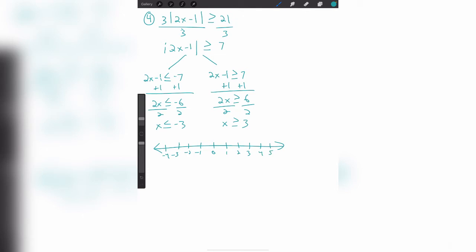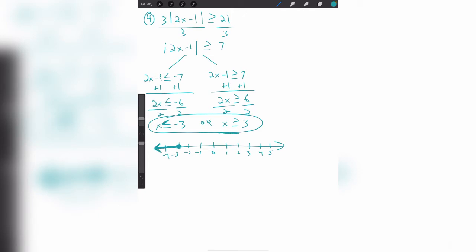But all the values that are x is less than or equal to -3, so all the values that are less than, notice that the arrow points that way, right? So I'm going to use a closed circle because a less than or equal to or greater than or equal to uses a closed circle. And all the values that are less than or equal to -3.